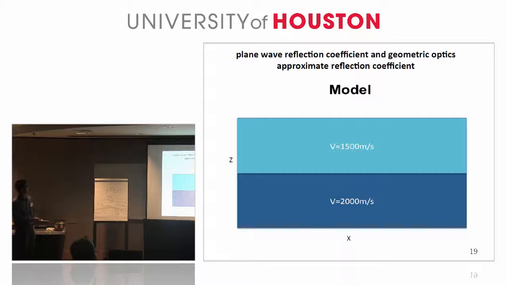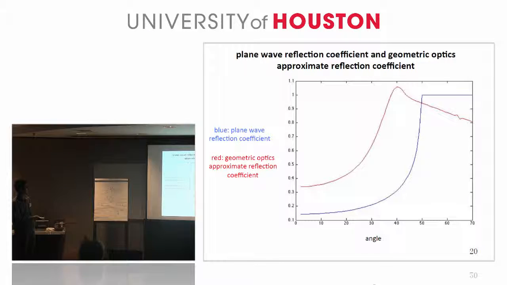And next, I will show you another example to show the difference between the plane wave reflection coefficient and the geometric optics approximate reflection coefficient. Here is another model we use, with different velocities. And here shows the plane wave reflection coefficient and the geometric optic approximate reflection coefficient.